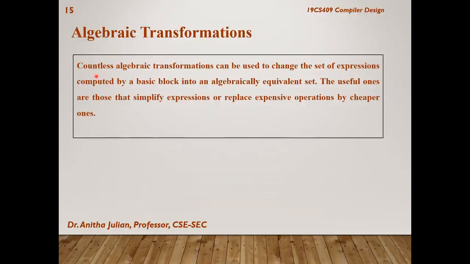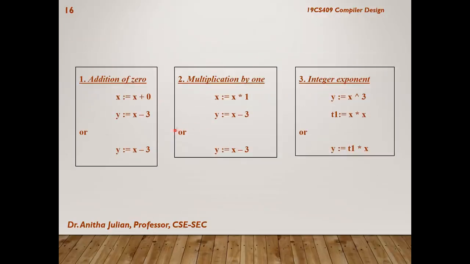Coming to algebraic transformations, this is something to do with algebraic equivalence. We have studied algebra, so the same thing is applied here. We have three techniques. Basically, addition of 0. Addition of 0 is not going to have any effect, so we don't need to have this statement at all. Similarly, multiplying by 1 is not going to have an effect. It's going to give the same number, so we can avoid that.